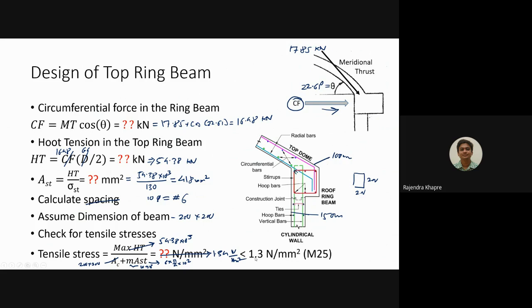So now what should be done? This is not less than... how much is it coming? The area of concrete you are taking is 200 by 200. Please check.